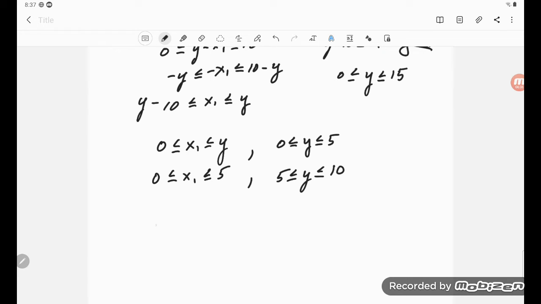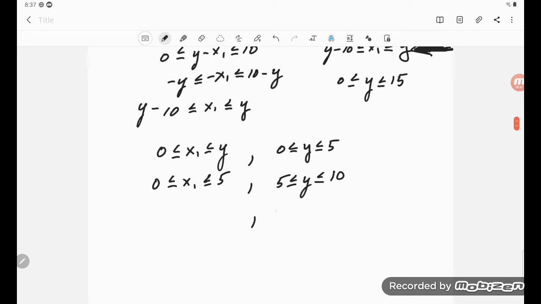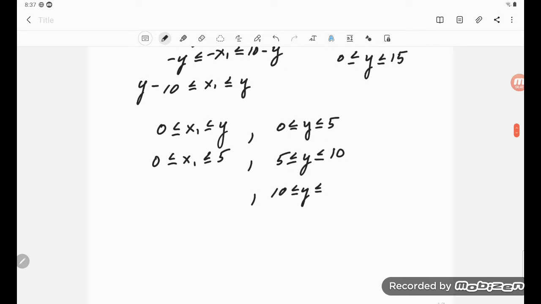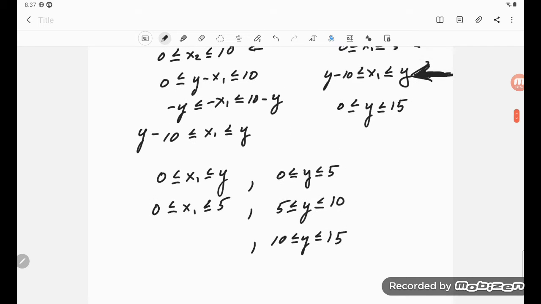And then finally, when y is at least 10 and then up to 15, what we see in the second inequality is that we're going to be bounding below by y minus 10, because that will be greater than or equal to 0.